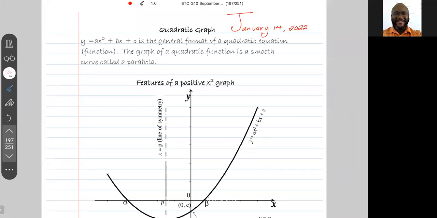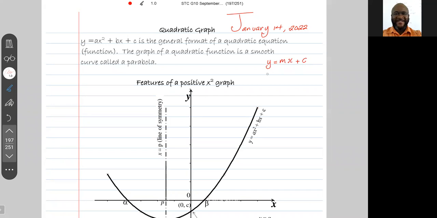So we already learned about the straight line graph. And the general format of a linear equation is y is equal to mx plus c, where m is the gradient and c is the y-intercept. So if I draw a graph of an equation of that form, I would get a straight line.